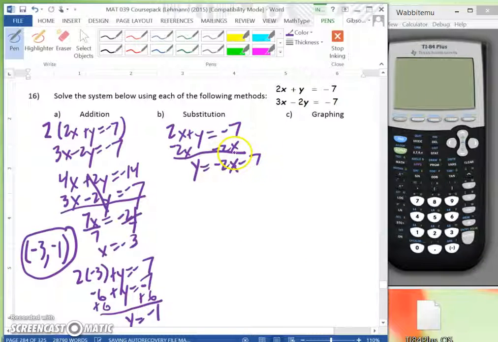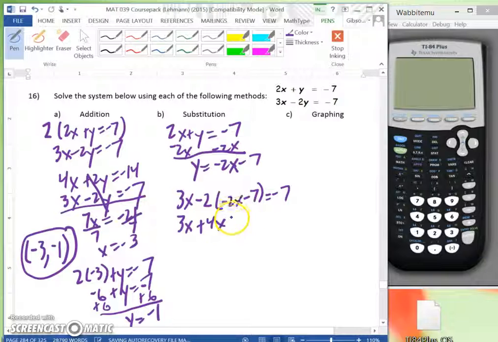Now, I would take this value here and substitute it in the equation that we did not get the variable by itself. So in this case, it would be the bottom equation. So I had 3x minus 2, then I'll substitute this value in for y, the negative 2x minus 7, and that equals negative 7. So now we will add 3x. Negative 2 times negative 2x is a positive 4x.